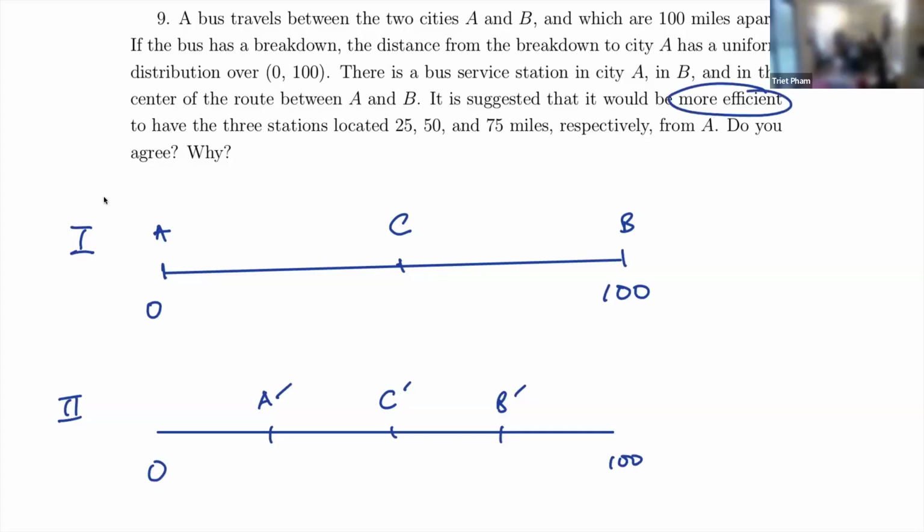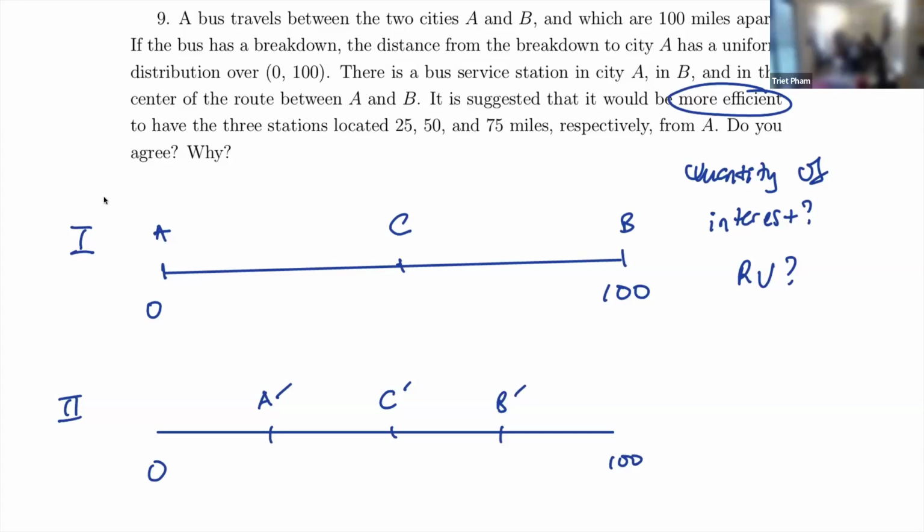So what random variable or what quantity of interest? What random variable are we looking at? Because you have to identify it to be able to answer this question.